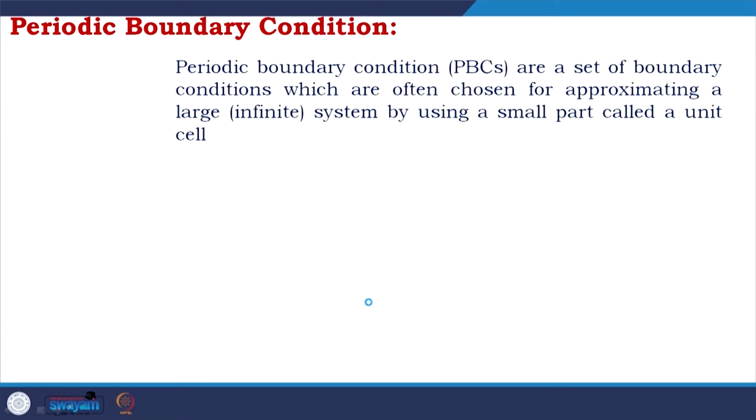Periodic boundary conditions are a set of boundary conditions which are often chosen for approximating a large system by using a small part called a unit cell. So here, as I told, you do not want to create an infinite system, because the larger the system, the more the computational power.